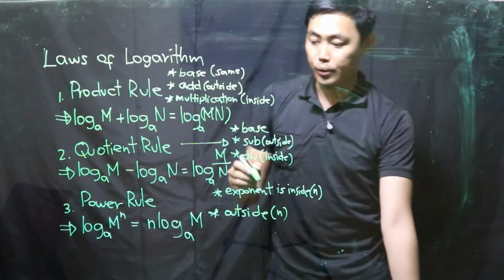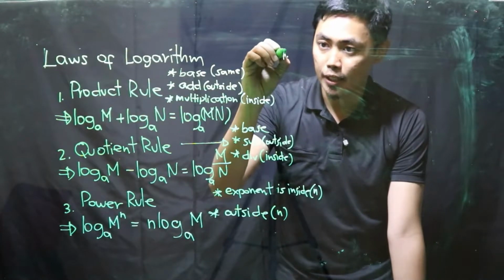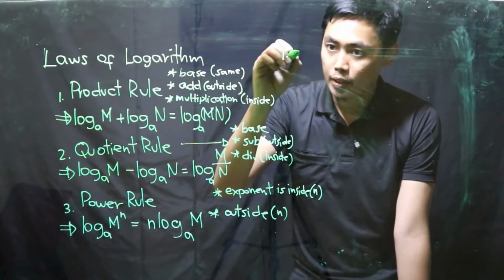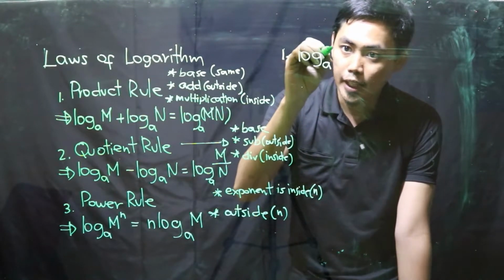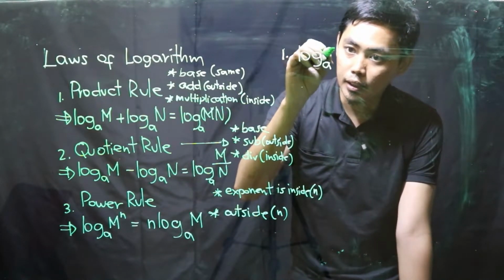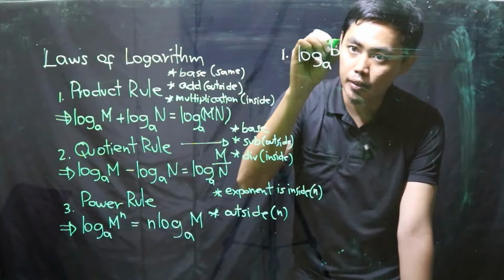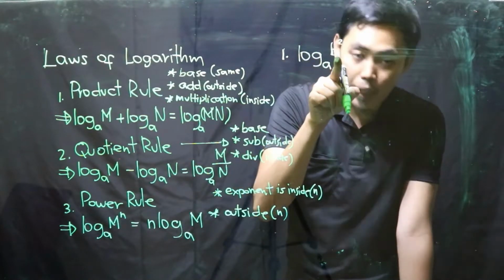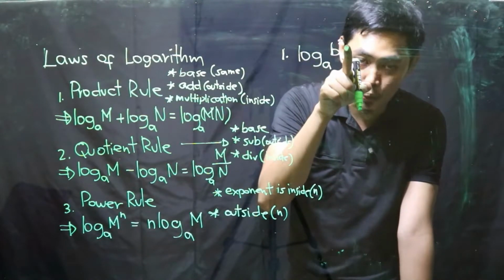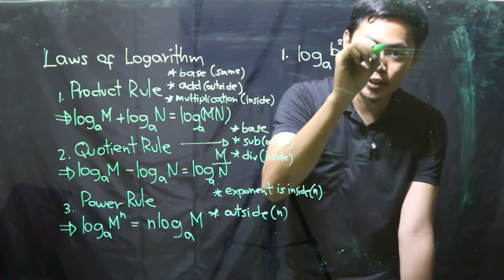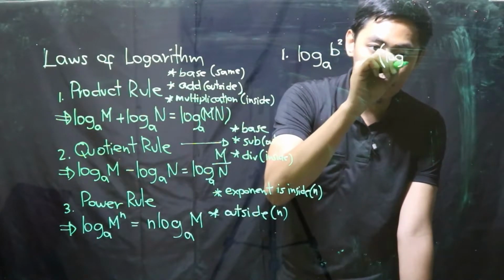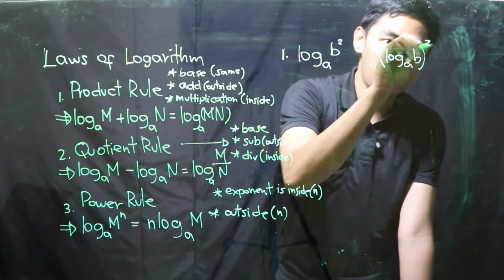Let me show you what I meant by that. So for example, number 1, logarithm of base a, let's have b squared here. So b is the one that is squared. It is not equal to logarithm of a b squared.